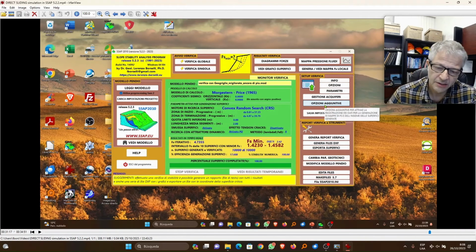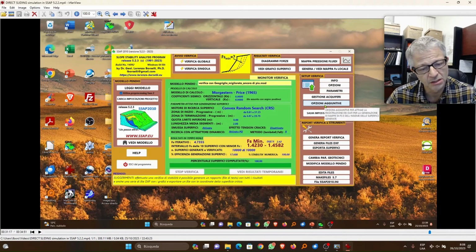All these cases should be considered, and most local stability analysis software, for example some of the excellent software made by producers of geogrids and geosynthetics, do not consider enough the possibility to combine different materials and strength criteria in the same slope. SSAP does that, and has done it for a long time.